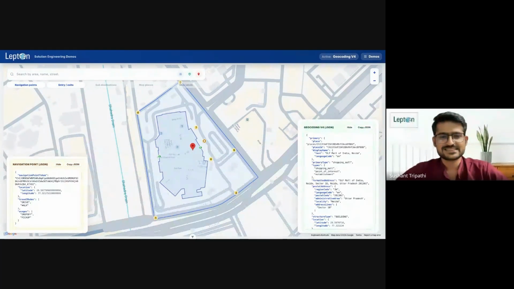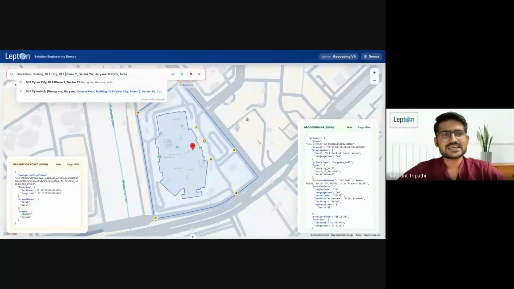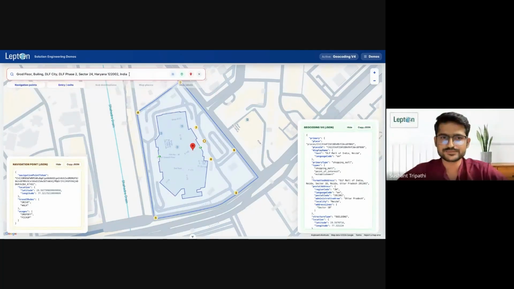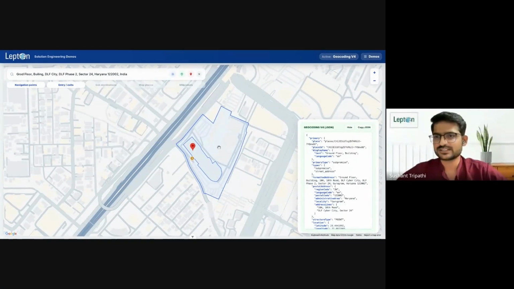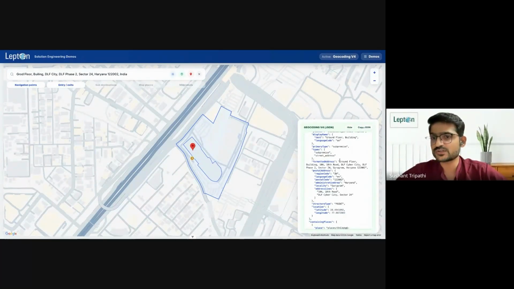Okay, just a second. See, I've taken an address that is misspelled, misaligned, and everything. I will just geocode this, and I get a specific location of that address that I've given. And it also validates that address and converts it into a formatted address with the right details.